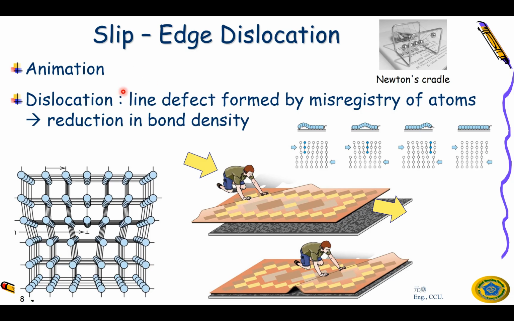So dislocation is a line defect formed by the misalignment of the atoms to reduce the bond density. This slip is also the dislocation, right?